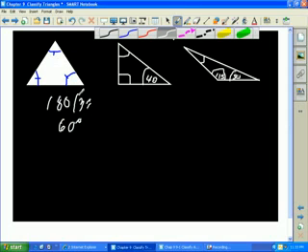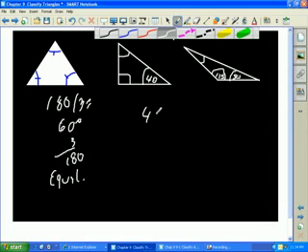The little degree symbol. So each of these angles is 60 degrees, and 60 times 3 is the 180 that we were talking about. So we have the equilateral triangle right there. I'm just going to abbreviate it. They're equal, equilateral.